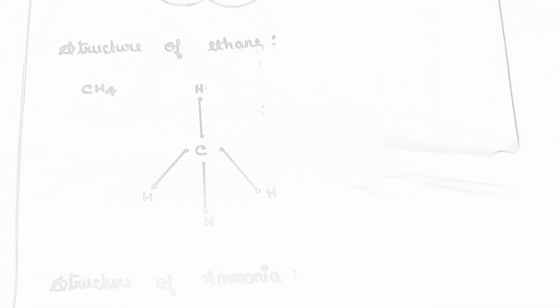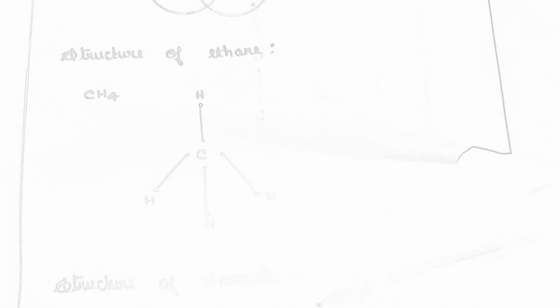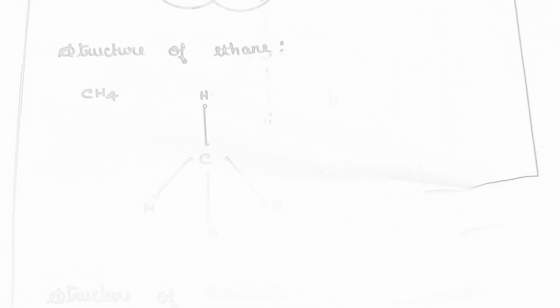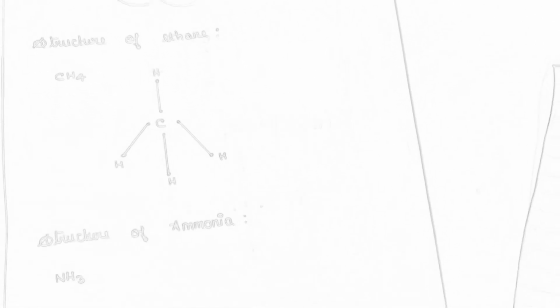Now we are going to see the structure of, not ethane, sorry, methane. The methane structure is like a reverse diamond. Methane is CH4. Let me explain how it is sharing.